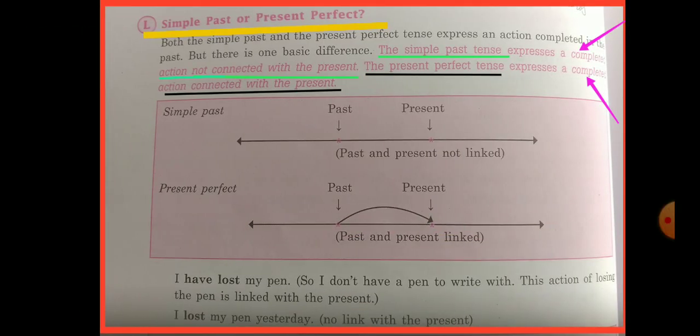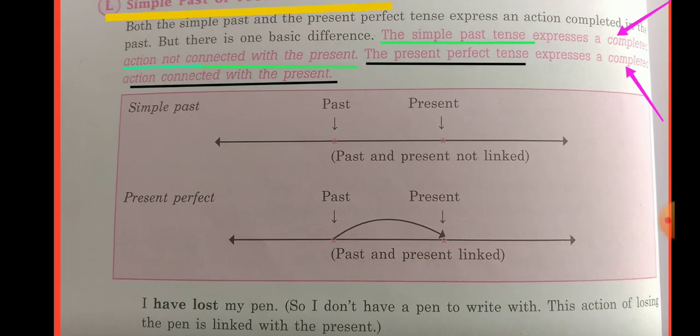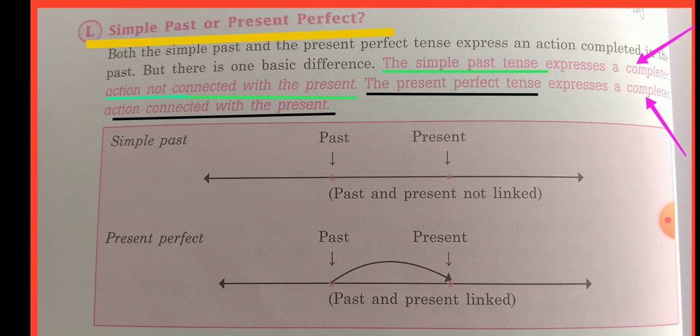Now the question may arise in your mind, what is the difference between simple past and present perfect tense? Because in simple past tense also we denote the actions which are completed, and in present perfect also such actions are denoted which are completed. So what is the difference between these two tenses?